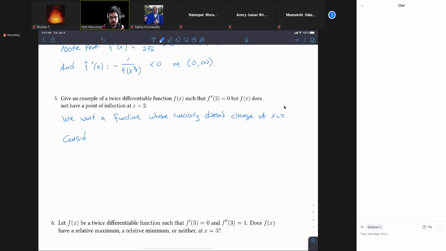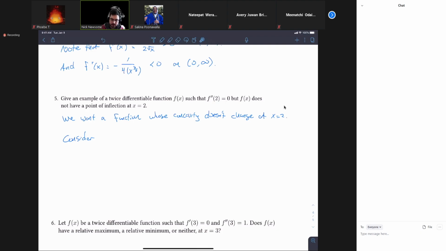All right, and so a clever way to find an example of such a function is to try to draw a picture first. Like draw a picture of a function that doesn't change concavity at 2, and then say, well, what does that have to be then? Okay, so really a function that is always concave down or always concave up will do the trick, as long as this condition is satisfied.